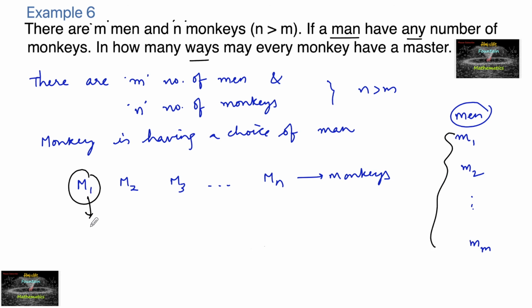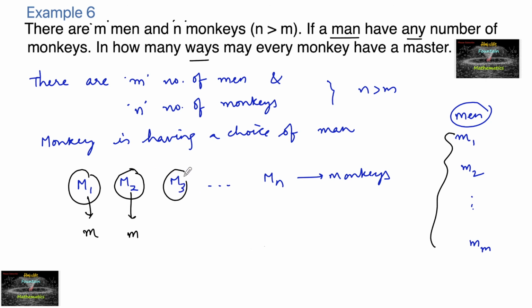So we can write this as: the first monkey will have a choice of m men and the second monkey will have a choice of m men, because it's given that a man can have any number of monkeys, so the same man can be here also. It's a repetition, any number of times can be taken.